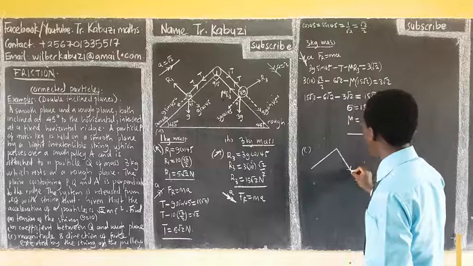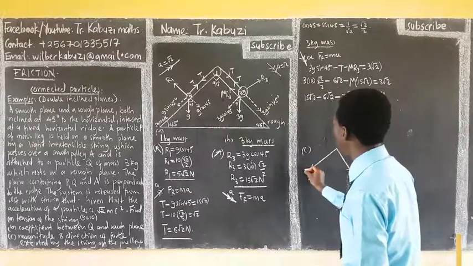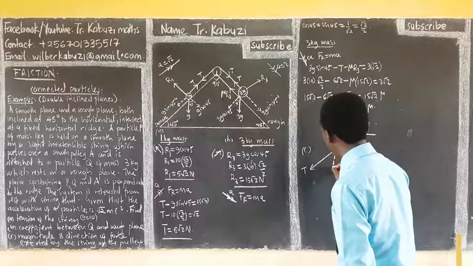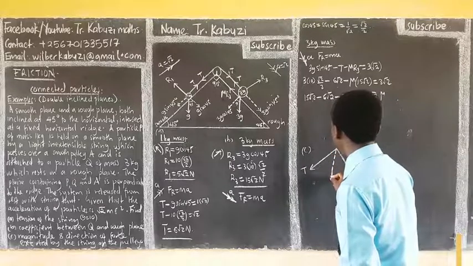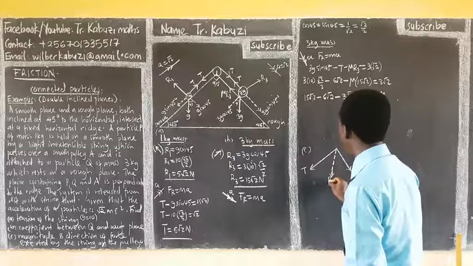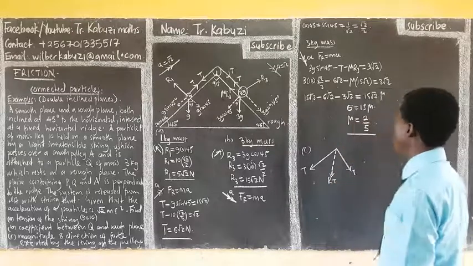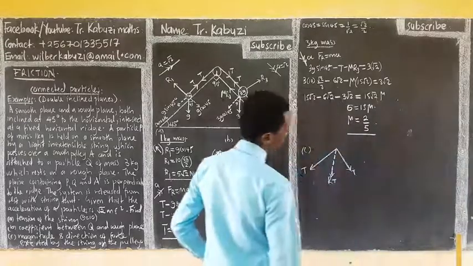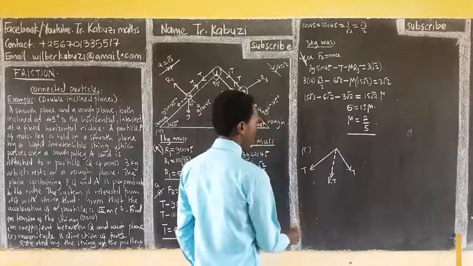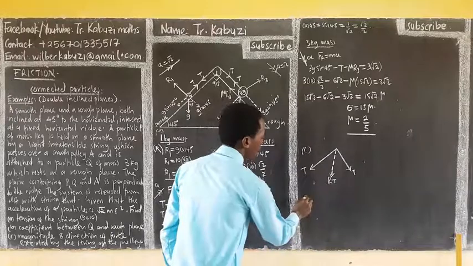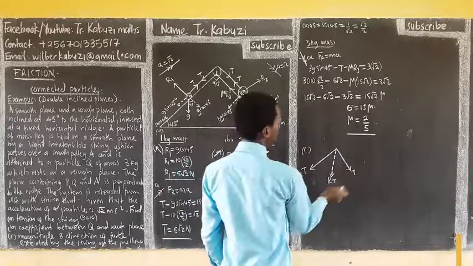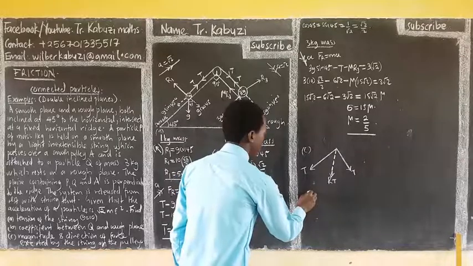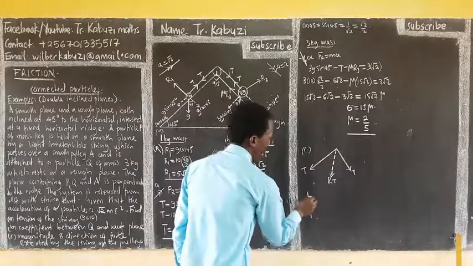So we have T and T. We need the resultant out there, which we are going to call RT. How do we get the resultant? Remember, this T we have, and this one we have. You can look at that this way.